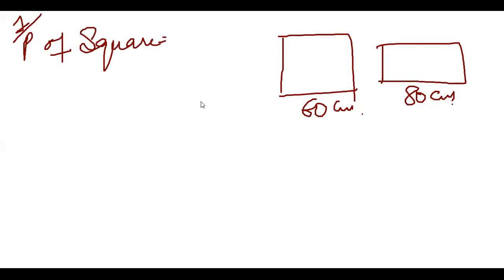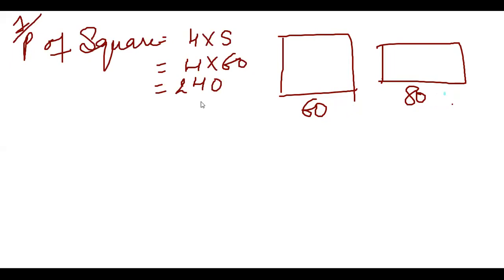Perimeter of square is 4 multiply side, that is 4 into 60, 240 centimeter, right? In question it's given meter, so change it in meter here. It's given meter, 240 meter.